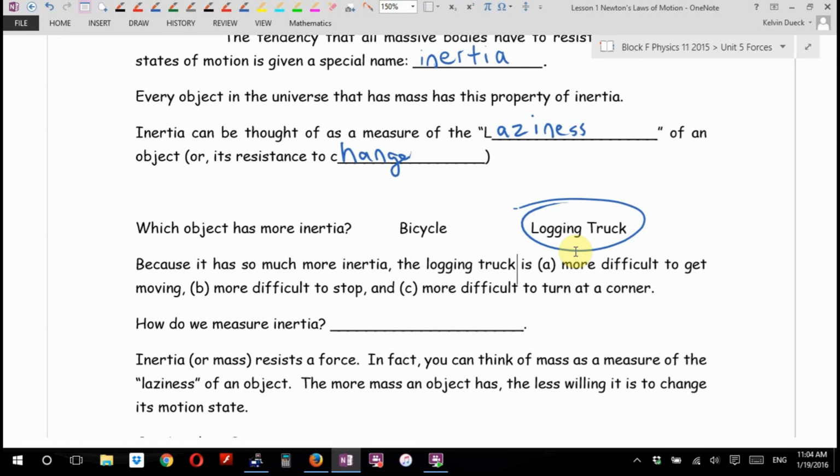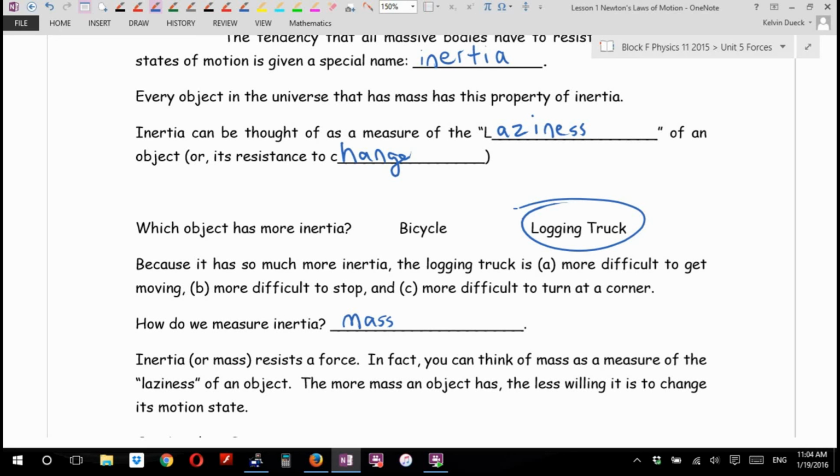How do we measure inertia? In fact, this year and next year, we're going to say that inertia and mass are the same thing. They technically aren't, because at relativistic speeds, weird stuff happens. But you know what? The more mass an object has, the more inertia it possesses.